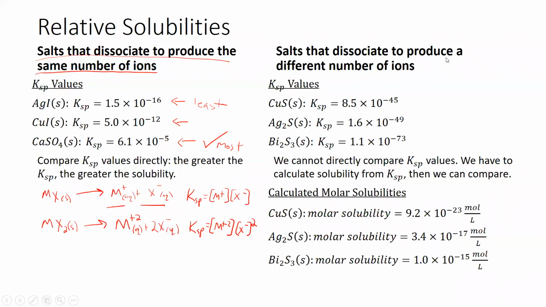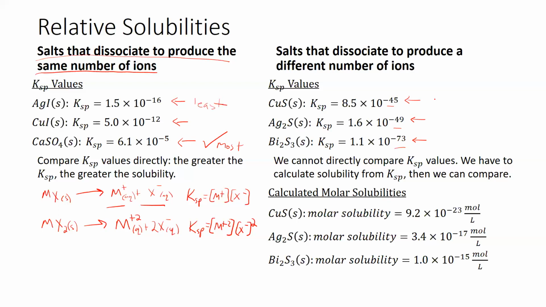But if they dissociate to give you a different number of ions, well, in that case, you actually have to go and look at not the KSP values, because yeah, you can get some information about these KSP values, but it doesn't give you direct comparisons. And so you notice these are really, really small numbers: 10 to the minus 45, 10 to the minus 49, 10 to the minus 73.